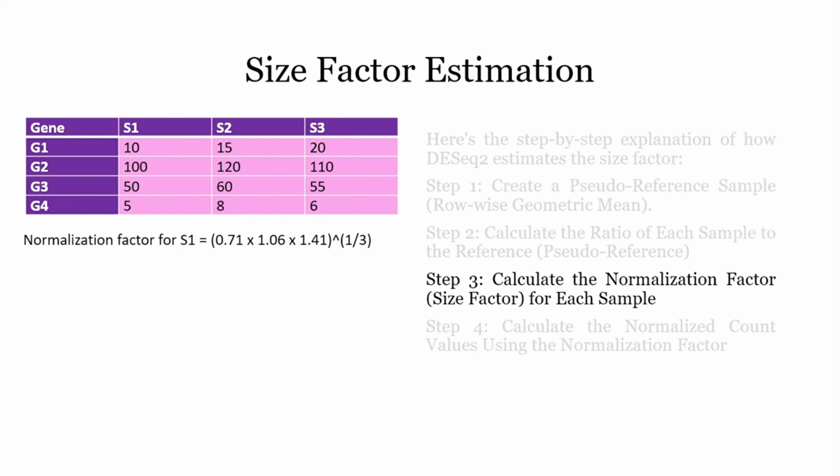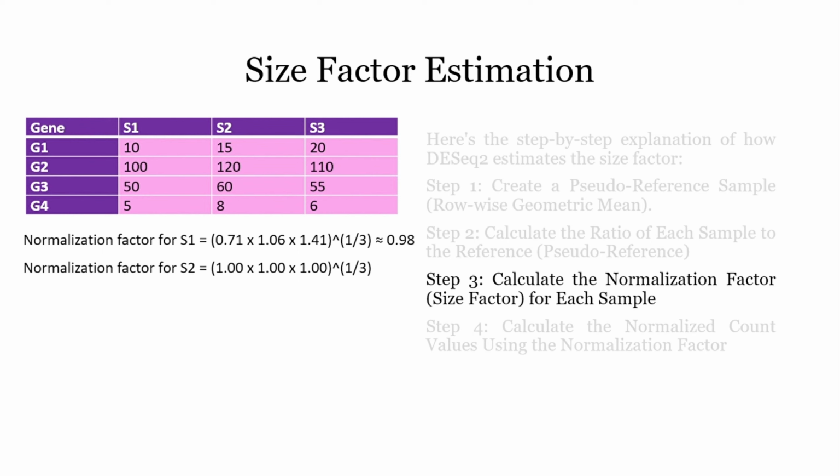Step 3. We calculate the normalization factor, which is the size factor for each sample. The normalization factor for S1 is 0.71 times 1.06 times 1.41 to the power of 1 over 3, which gives 0.98.